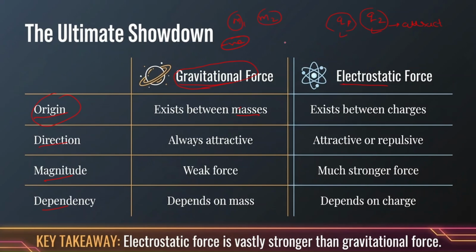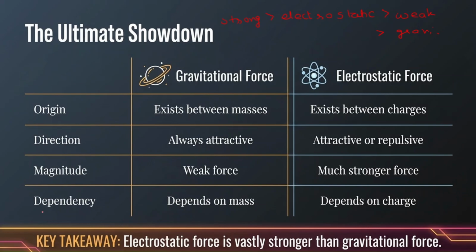Let me write it: strong nuclear, then electrostatic, then weak nuclear force, and the last one is gravitational. Okay, gravitational force is the weakest force among these.